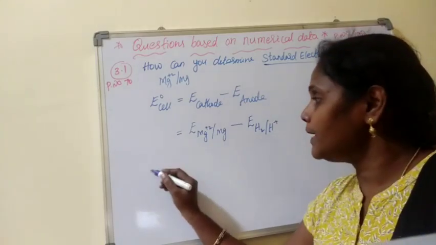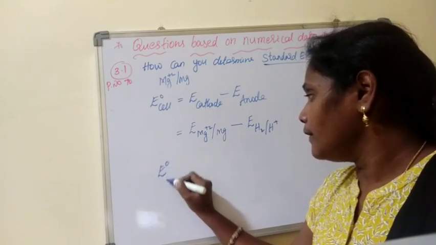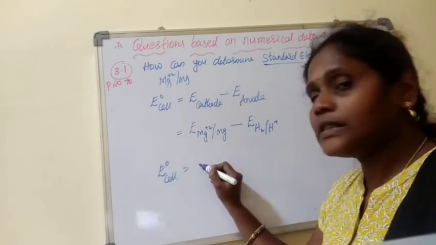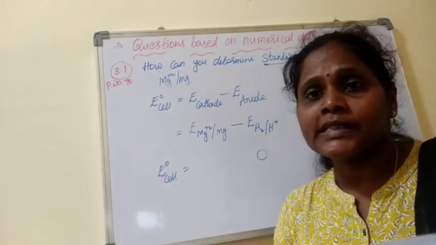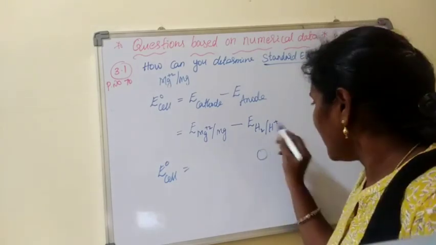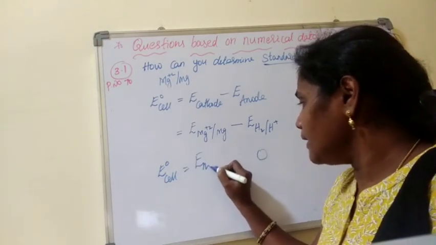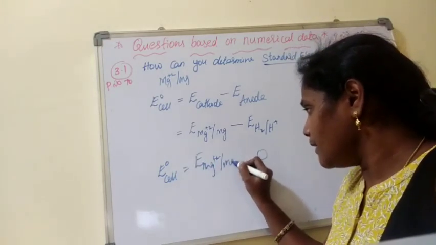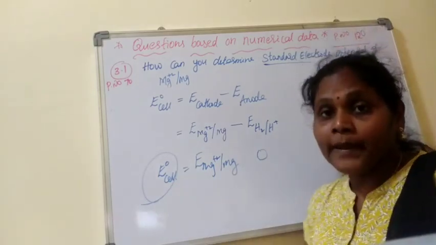Then what would be my E cell? The E naught of hydrogen will be 0, because we said the standard electrode potential value of hydrogen is 0. Then whatever E cell we get will be the magnesium's standard electrode potential. That means we get it from the experiment.